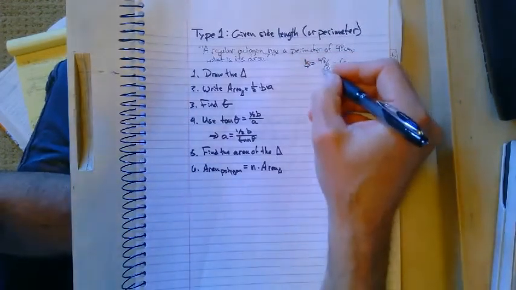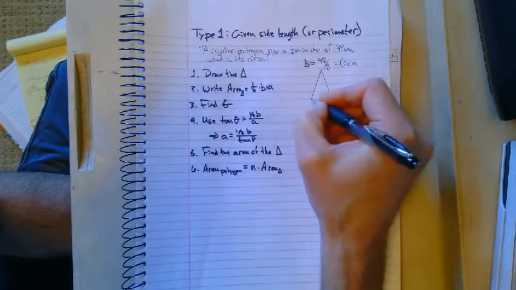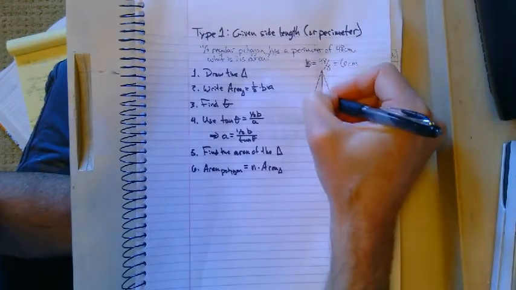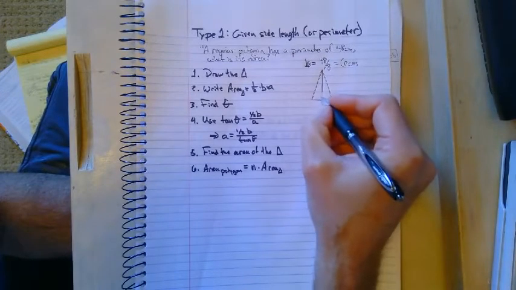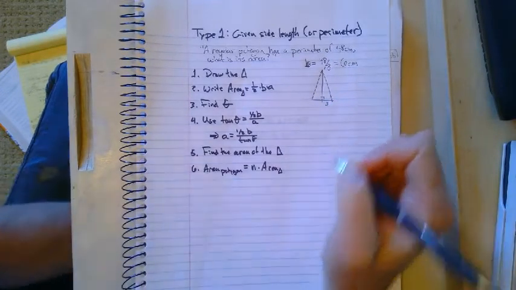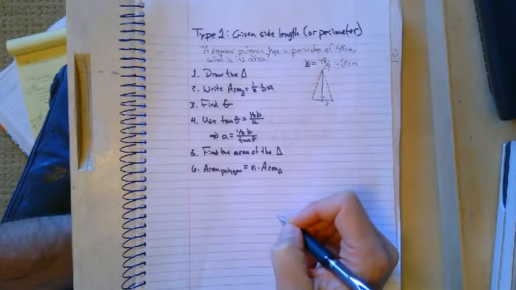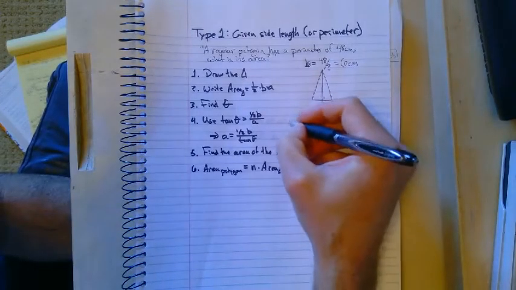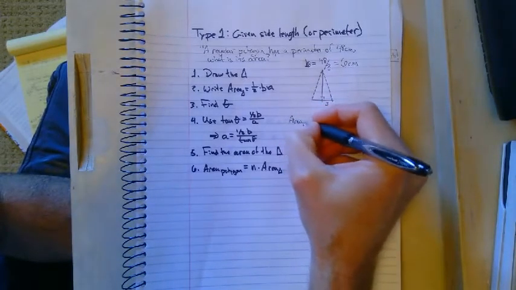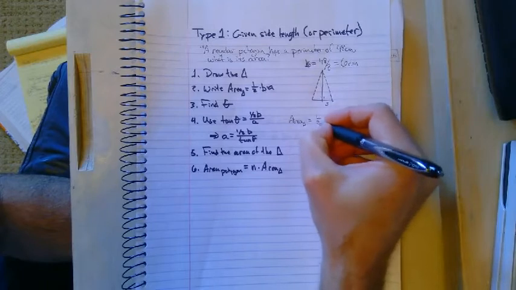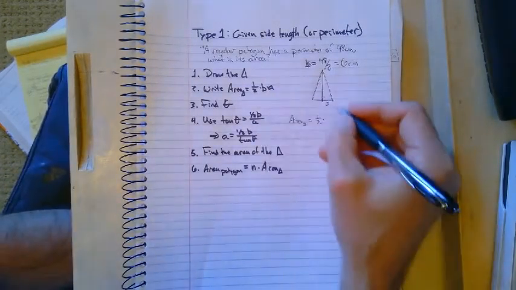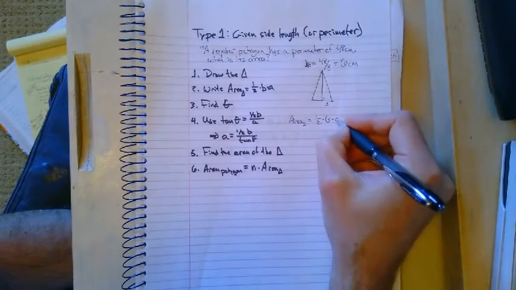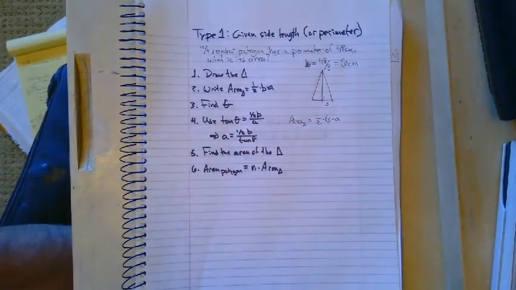So I'm going to draw the triangle like I did. And if this whole thing is 6 across here, then that means this part of it is just 3. So that's what I know right now. I'm going to write down that the area of this triangle is going to be 1/2 times b times a, and I already know the b is 6. So I have that much that I can fit in there.